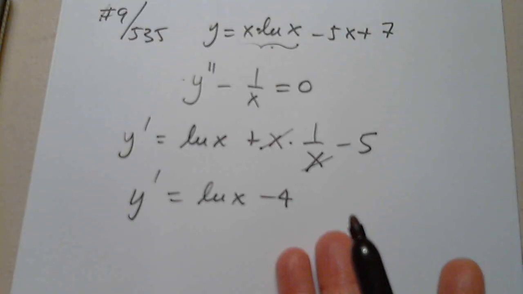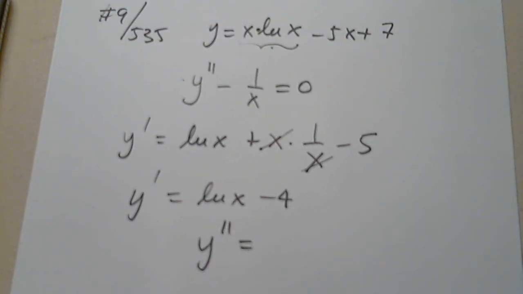And when I find the second derivative, can anyone tell us what we get for the second derivative? Natural log prime. 1 over x.